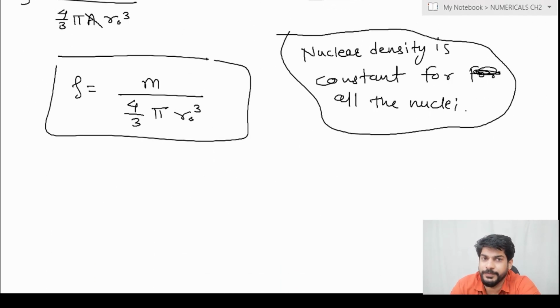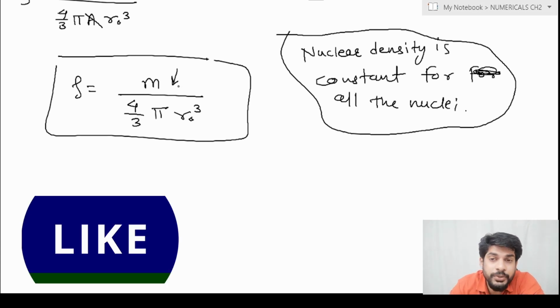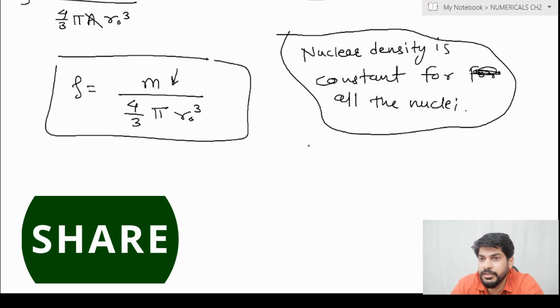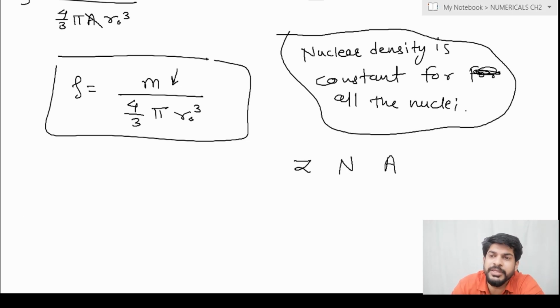See, if the nuclear density was different for different nuclei, then there would have been some term here related to the nuclei. Like there should have been Z, there should have been N, there should have been A, something like that.